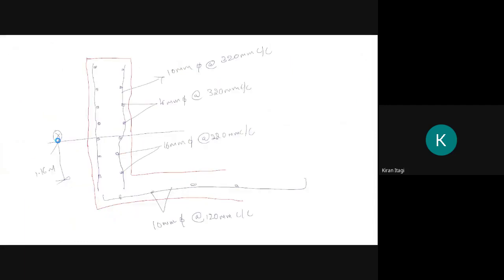Now I will solve the last problem, one which came in an exam. An examination problem I will do, and in the afternoon I will continue. It is from December 2015. He asked for 12 marks, and the question is like this: design a section of a circular tank with a flexible base resting on the ground.